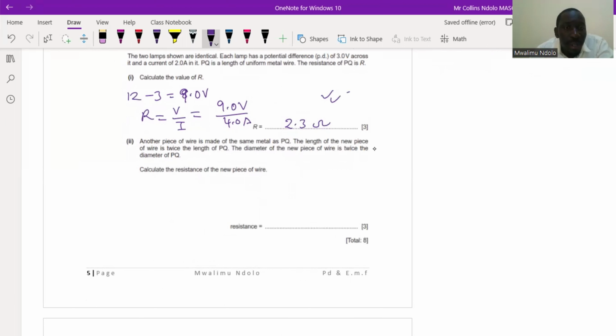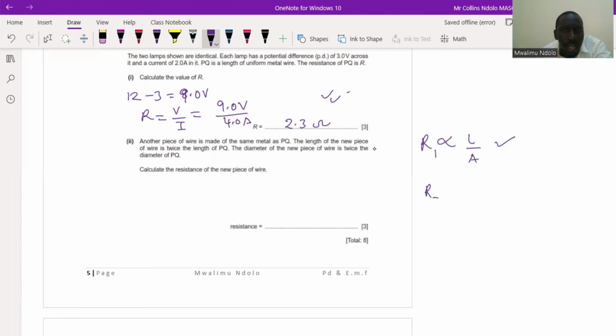Roman 2, another piece of wire is made of the same metal as PQ. The length of the new piece of wire is twice the length of PQ. The diameter of the piece of wire is twice the diameter of PQ. So let's use the ratio here. So R is directly proportional to the length and inversely proportional to A. So the first R, we call this one R1.